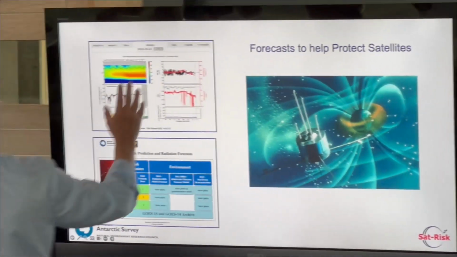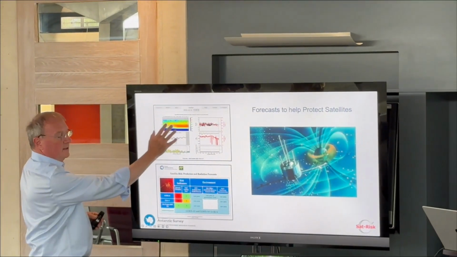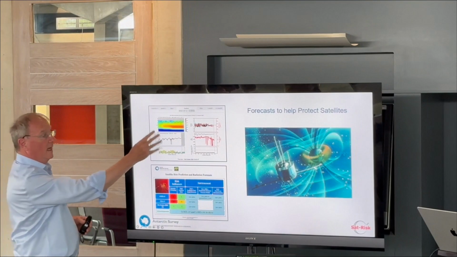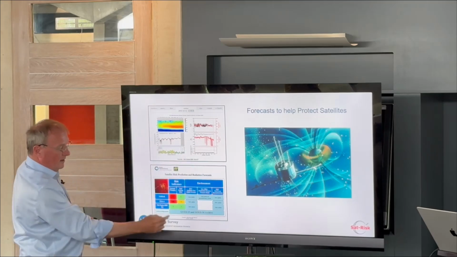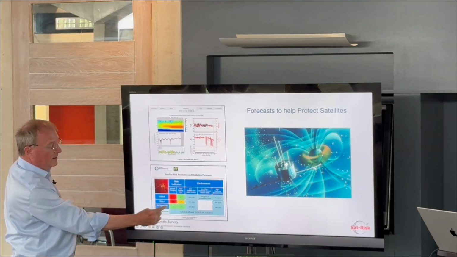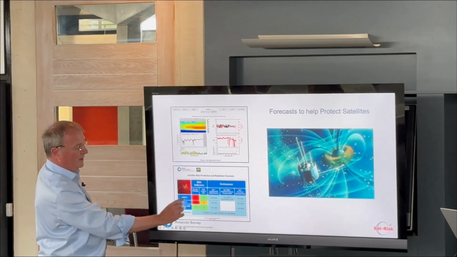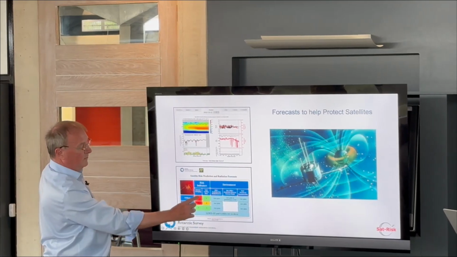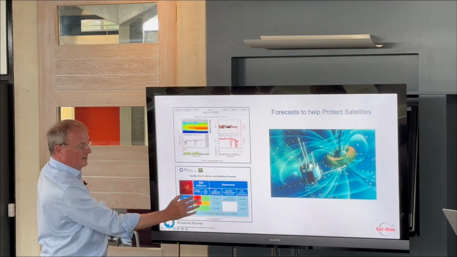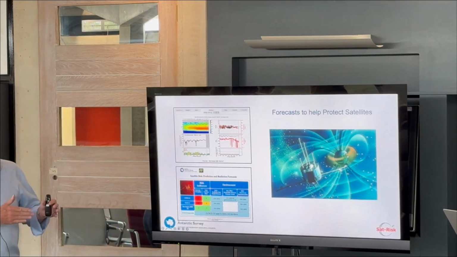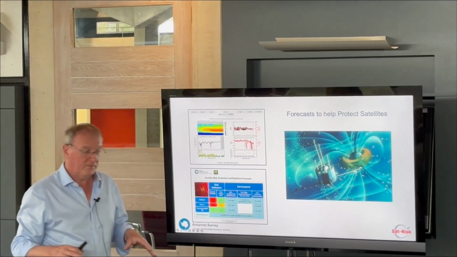I'm not going to go into the detail, but we have colour displays that we present. This is used by the Met Office now, and also by the European Space Agency. We can interpret these plots when we convert them into a red, amber, green risk area. So for this particular satellite in geostationary orbit, the risk of internal charging is pretty high. And so the satellite operators would look at that, and they'd do things to mitigate that impact.